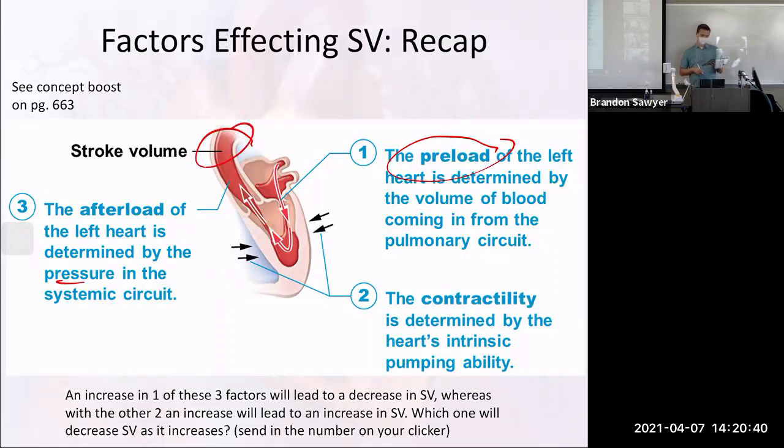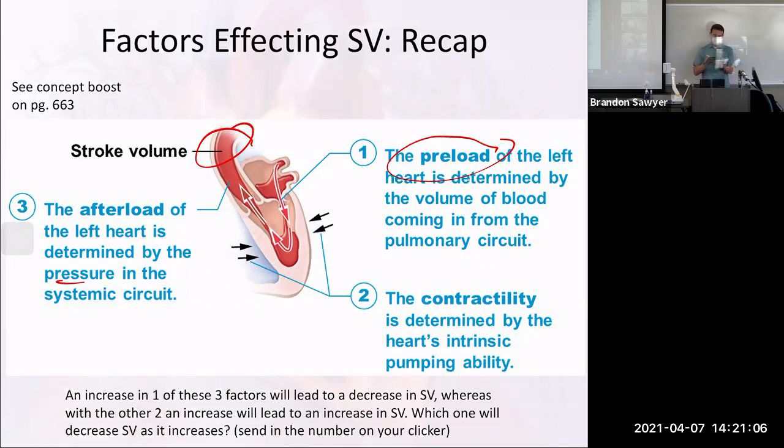Okay. So which of these three, just hold up 1, 2, or 3 right now in class or on Zoom, is the one that we actually would want to go down if we wanted to increase stroke volume? 1, 2, or 3. Okay. On Zoom, fingers. Okay. Good. Yeah, we would want it to go down. Absolutely.